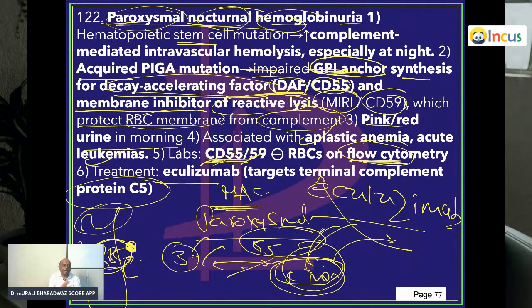They form membrane attack complex. So eculizumab targets the terminal complement component pathway, that is the C5. That is how you are killing the villain and saving Gurumurthy, who has PNH, from his RBCs getting broken. Understood the story? Beautiful.